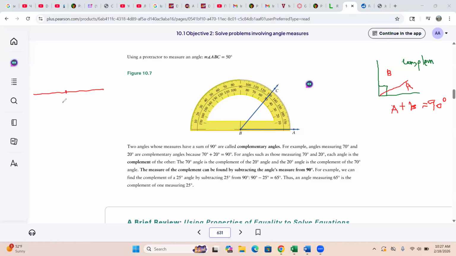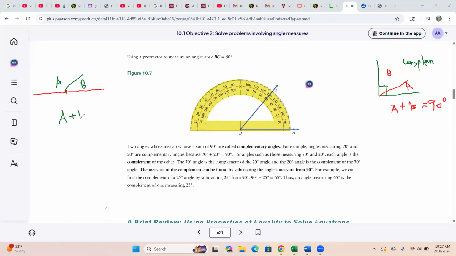So 180 degrees angle, or so-called straight angle, produces two angles that are supplementary. So supplementary and complementary. These are actually supplementary angles, and their sum is equal to what? 180, right?